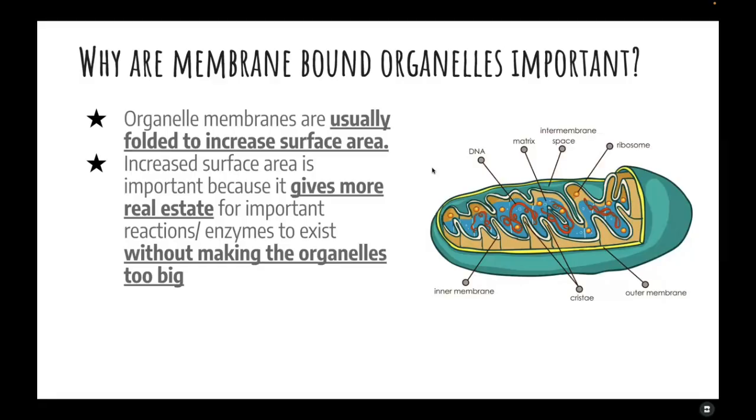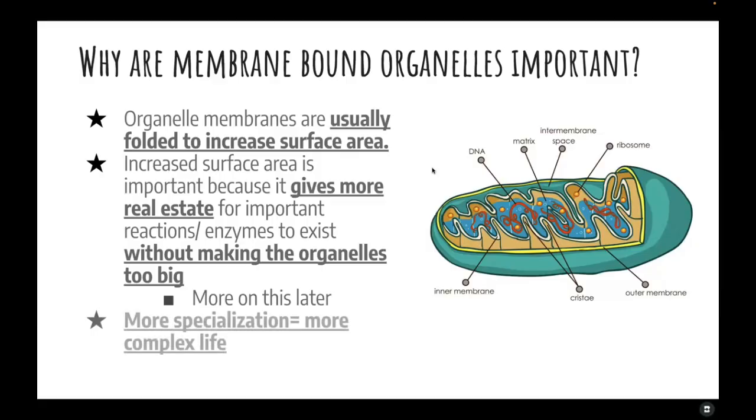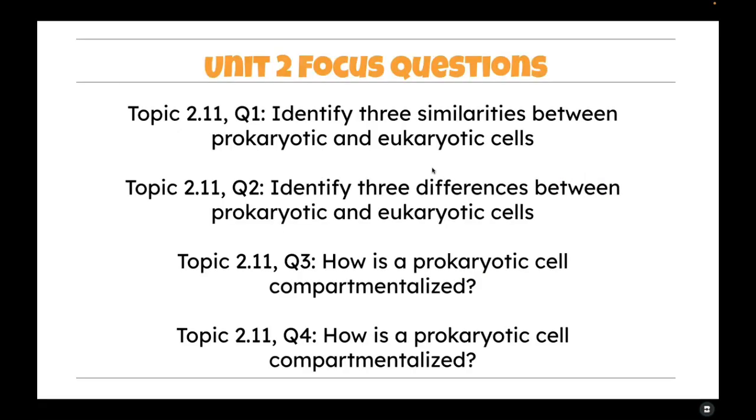All right, so it gives them more real estate, so more space for things to work without making the organelles too big. And then when we do our lab, we'll talk about why becoming really, really big is inefficient for a cell. And so more specialization equals more complex life. So you have more things that do their special jobs.